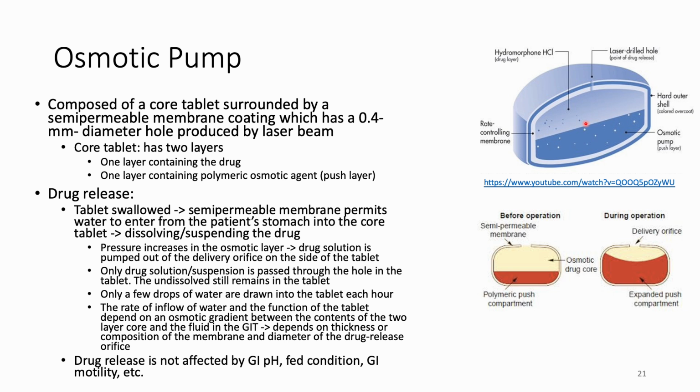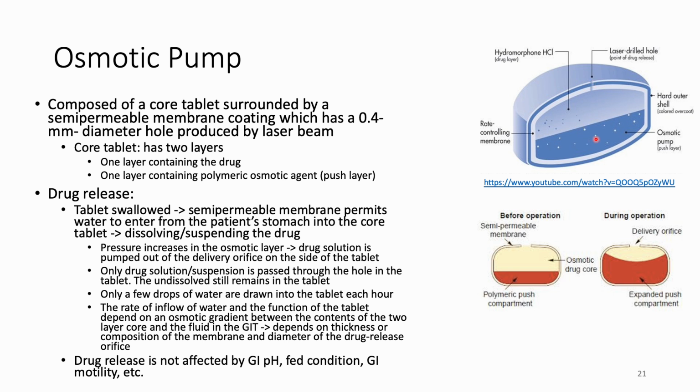The rate of inflow of the water and the function of the tablet depend on the osmotic gradient between the content of the two-layer core and the fluid in the GI tract. It also depends on the thickness or the composition of the membrane and the diameter of the drug release orifice.